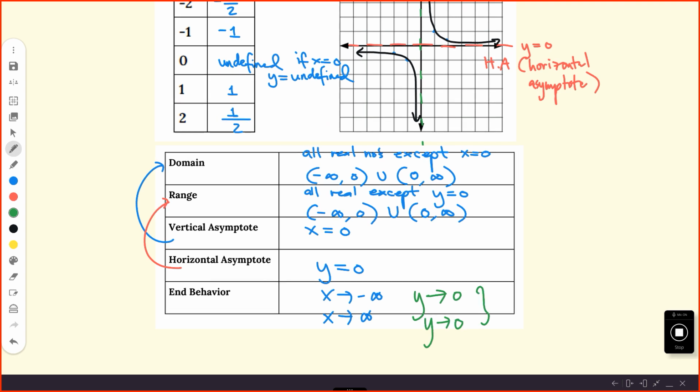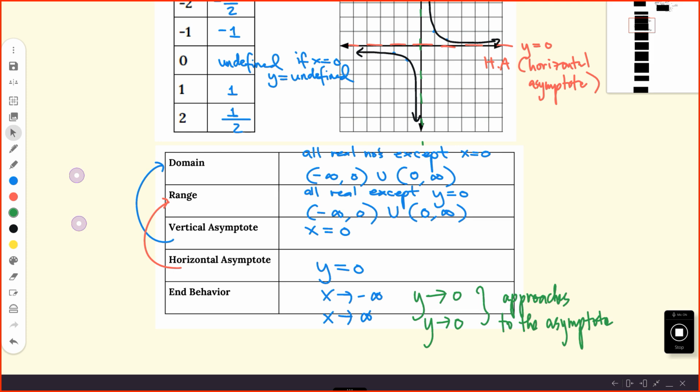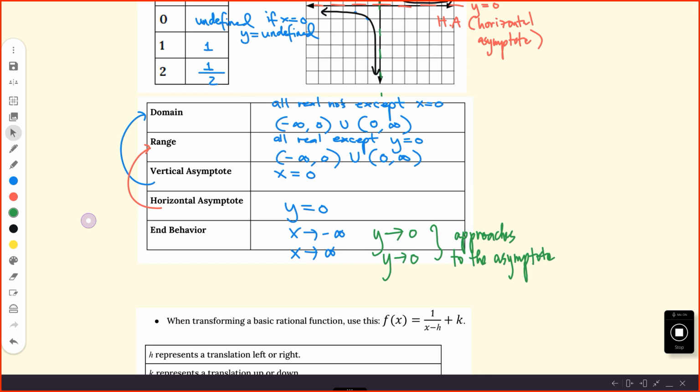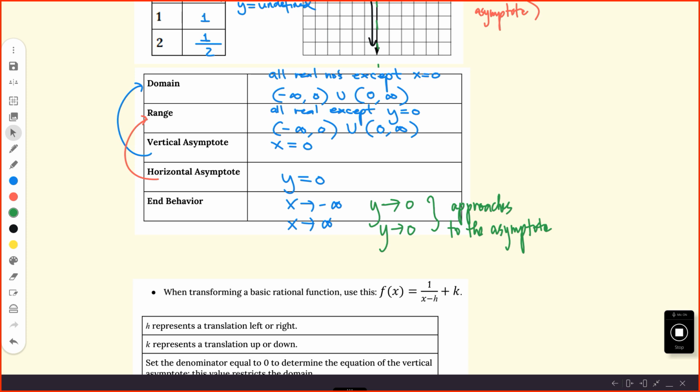I'm just going to say approaches the asymptote, whatever the asymptote is. Any question? So basically, that's the feature of the graph of the basic rational function. And then we're going to do the transformation, and we'll have some practice examples.